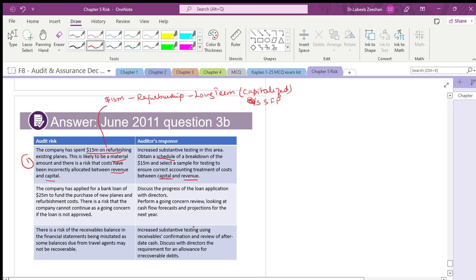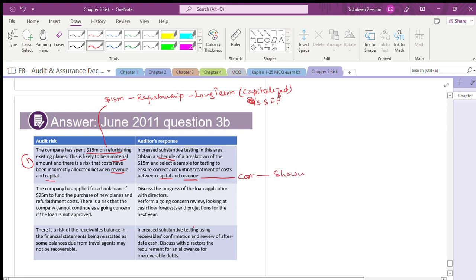Select a sample of testing to ensure correct accounting treatment of cost, whether it has been capitalized or it has been revenue. Revenue is repairs and maintenance, which is a revenue expense. It is shown in the income statement as an expense.